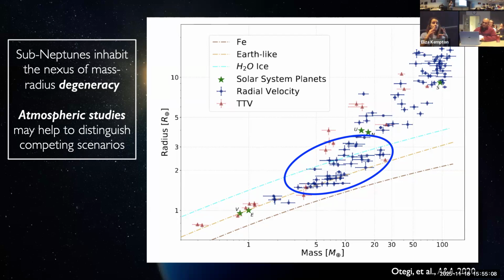One that would be a solid rock iron interior with a hydrogen-rich envelope, and a whole different family of models that would be made up more in bulk by moderate density material like ice, like water. So with mass and radius alone, we can't really even distinguish what these planets are built of in bulk. Again, requiring atmospheric studies.